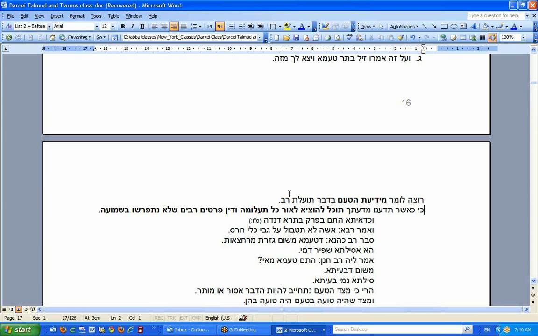"Kikashia teideu midaitach tochel or all talumos vedin pratim rabin shalo misparshu bishimua." He says when you know the correct reason for something, then you're able to clarify a lot of hidden halachas and a lot of particular dinim that are not stated specifically in the Shmuel, in the Gemara.